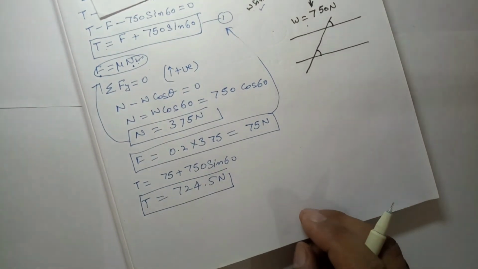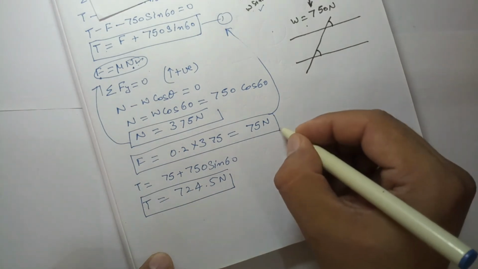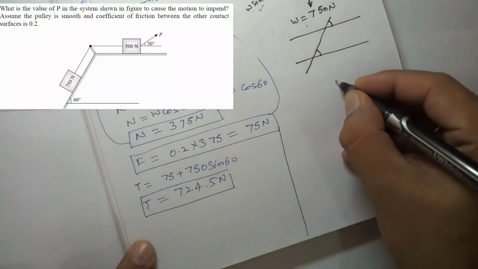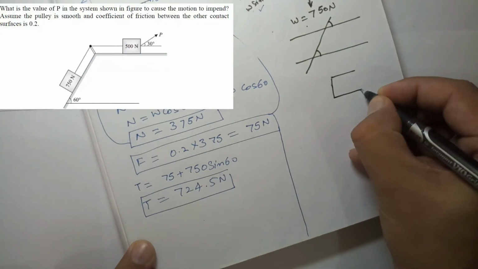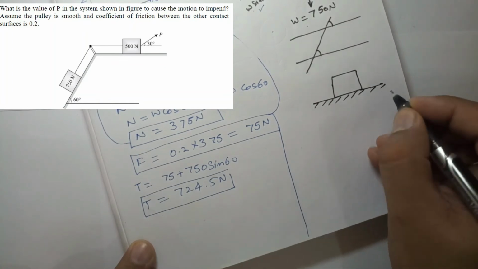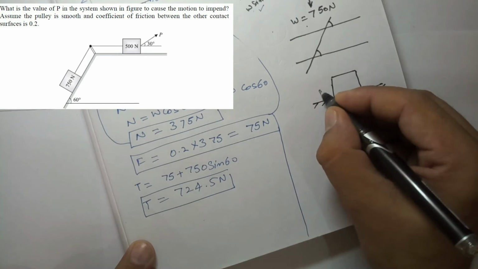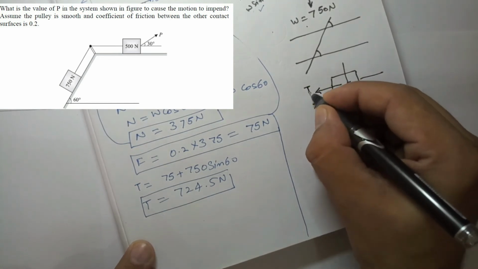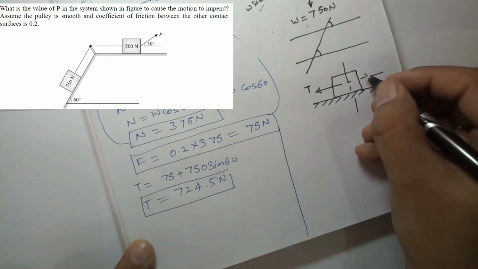So what do we do now? Now we will draw the free body diagram for the second object. So I'll draw the free body diagram here. In the second object, the object is simply placed on a horizontal surface, so we have nothing to do in that. It is just similar to the previous questions only. So this is the x and y direction. This is the tension, which is the same as in the first case we have calculated.